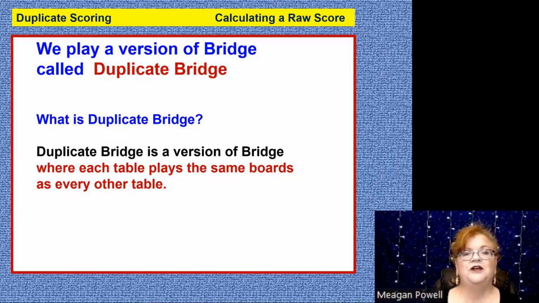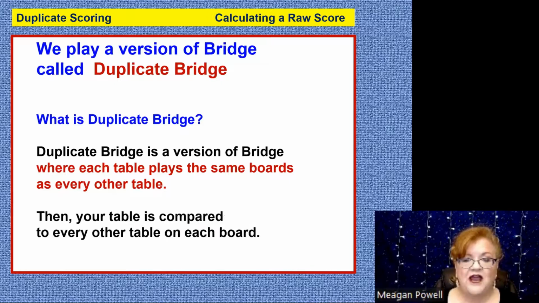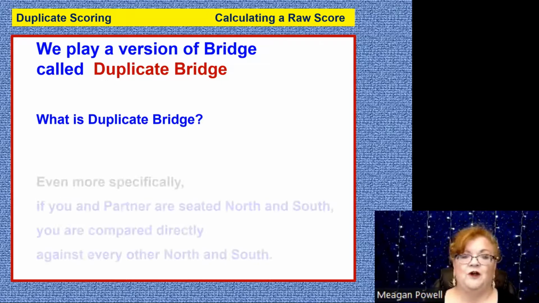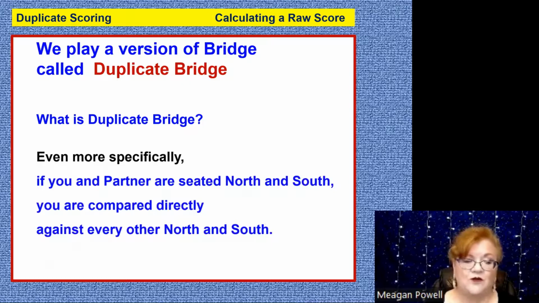What is duplicate bridge? Duplicate bridge is a version of bridge where each table is playing the same boards as every other table. And then your table is compared to every other table on that board and on each board. More specifically, let's say you and your partner are seated north and south.